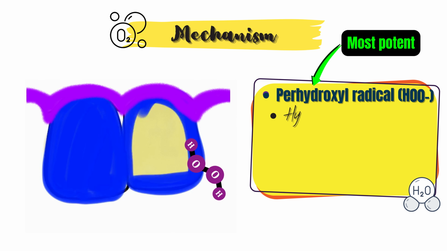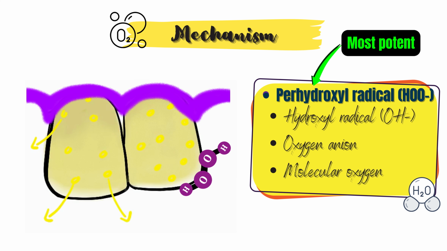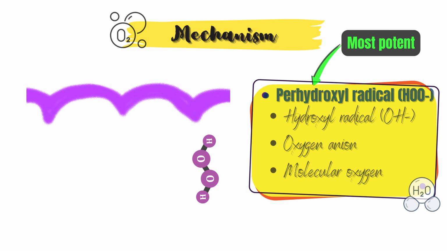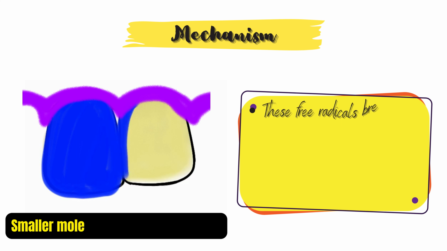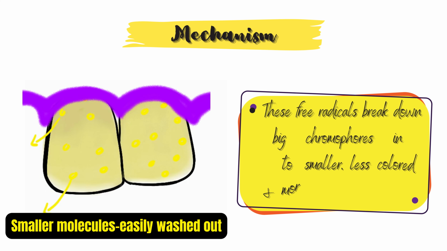So to break down these chromophores, we need free radicals that are released when H2O2 is broken down. So when H2O2 breaks down, these free radicals attack these large sized chromophores, breaking them down into smaller molecules which are more diffusible.